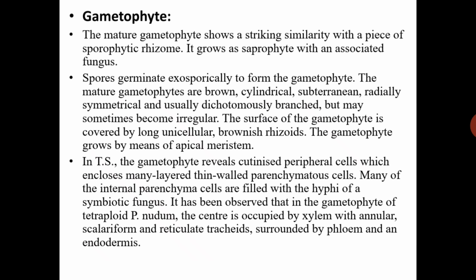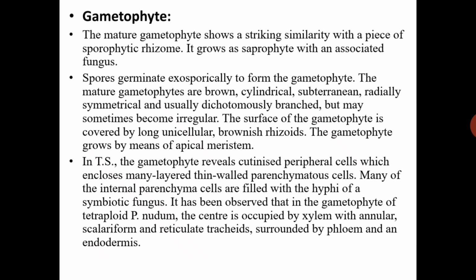The mature gametophytes are brown, cylindrical, subterranean, radially symmetrical, and usually dichotomously branched, but may sometimes become irregular. The surface of the gametophyte is covered by long unicellular brownish rhizoids. The gametophyte grows by means of an apical meristem.